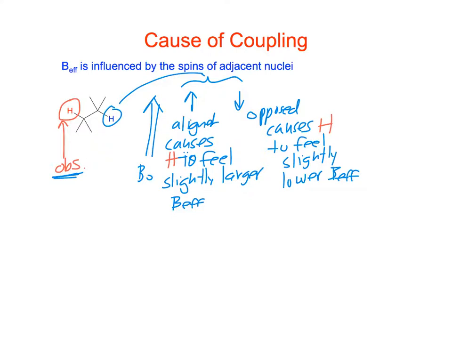And we know that the two populations of aligned and opposed are almost the same.